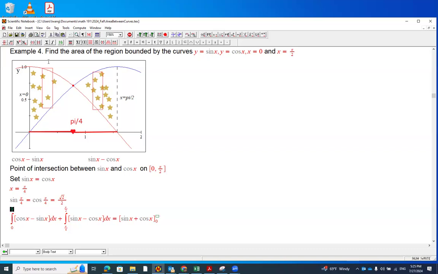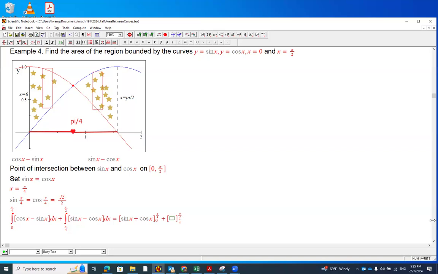I'm just going to copy this and move it here. Plus, we're going to get another antiderivative, and we're going to evaluate it from pi over 4 to pi over 2.